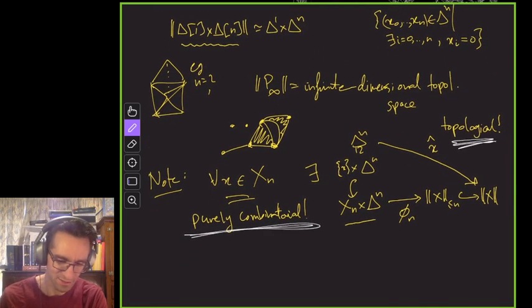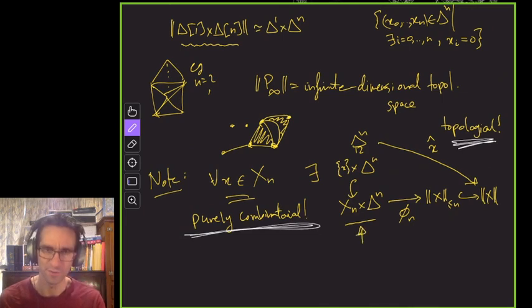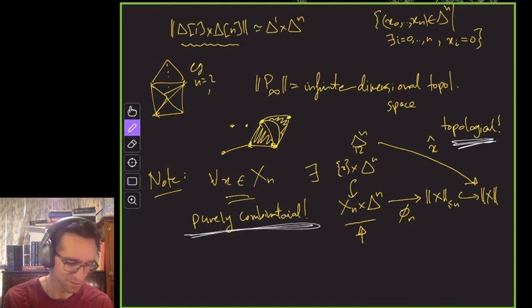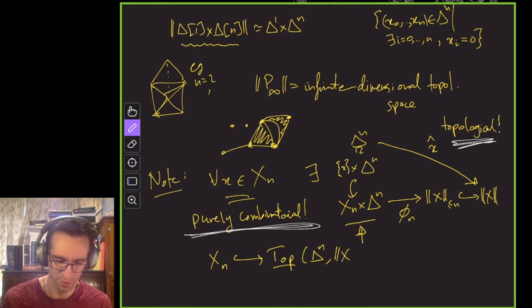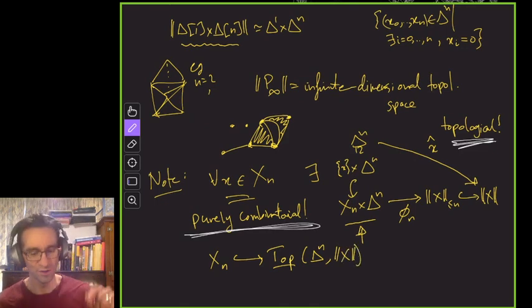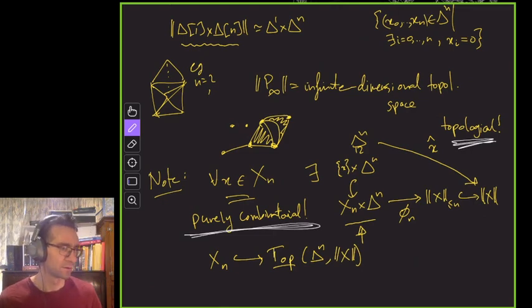If I have different little x's, then they have disjoint images inside this product, and so if I have x and x prime, then x hat and x hat prime are different functions. So this means I get an injection, a one-to-one function, from the combinatorial n simplices of X to the topological n simplices inside its geometric realization. Okay. Any questions?